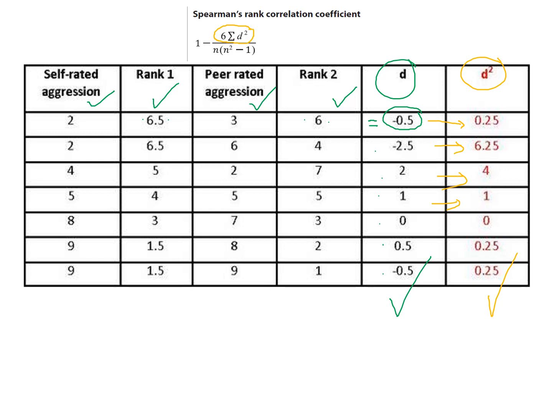You would need to do 6 times the sum of d squared. So at that point you add all these together, all the way to the end, and work out what the total is. Once you've got that total, times it by 6, and that's the bit that goes on your top line there.